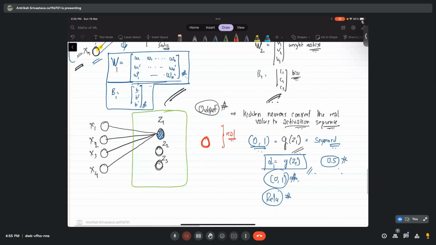So to summarize whatever I said in order to answer Shruti's question: first of all, if you have a classification problem, you can have more nodes in your output layer and assign each node to one class.